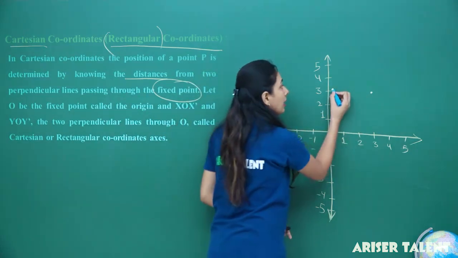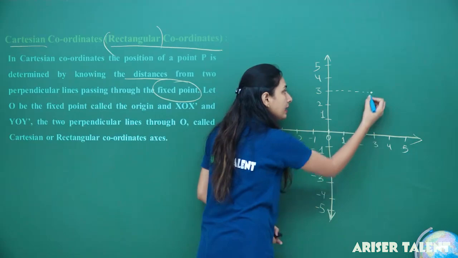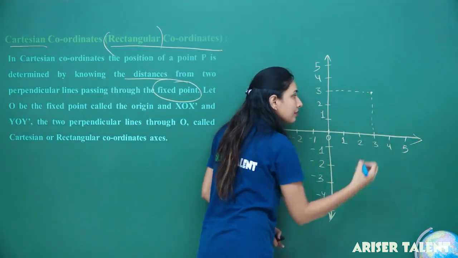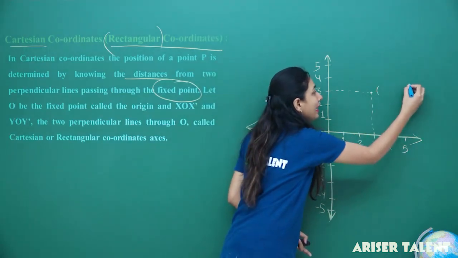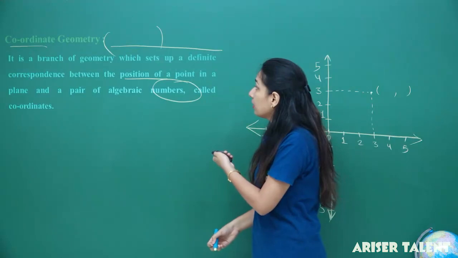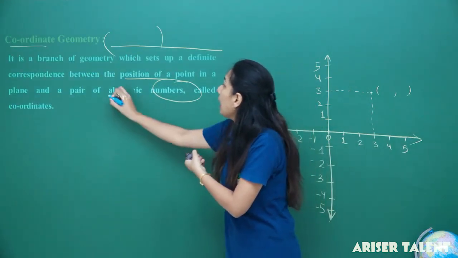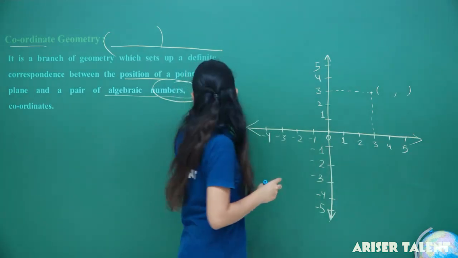If I draw a line with respect to this line and this line, I'll have two algebraic numbers.